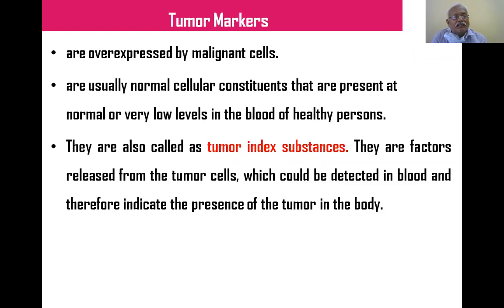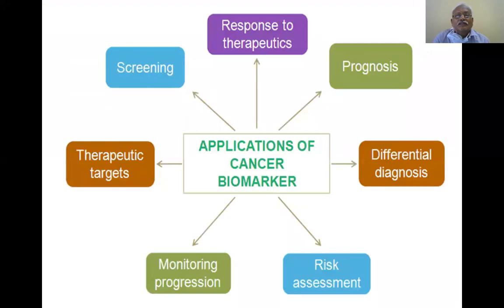The tumor index substances or tumor markers are the factors released from the tumor cell, which could be detected in the blood and therefore indicate the presence of tumor inside the body. Applications of cancer biomarkers: they are very useful for screening.